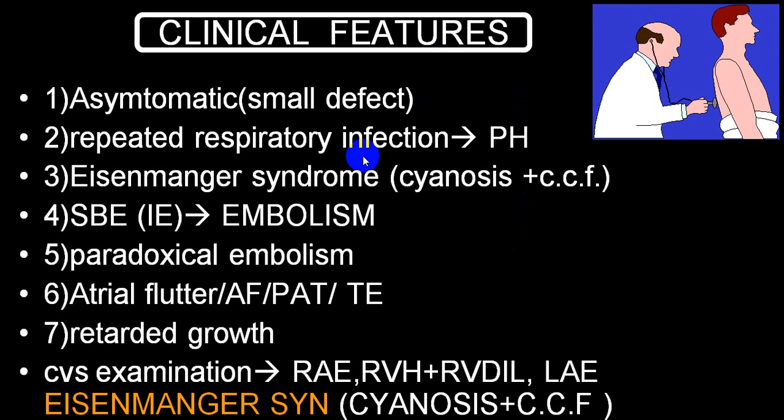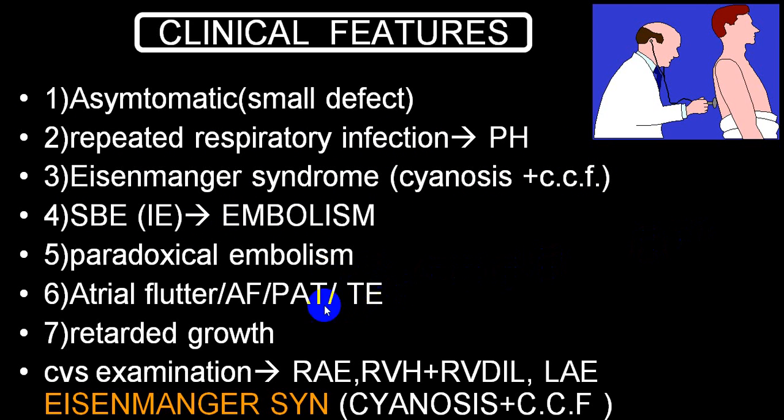Sooner he will go into Eisenmenger, and once he develops Eisenmenger, there is a reversal of the shunt producing cyanosis plus symptoms and signs of congestive heart failure. He will have a very high chance of development of infective endocarditis, and that can also produce paradoxical embolization.